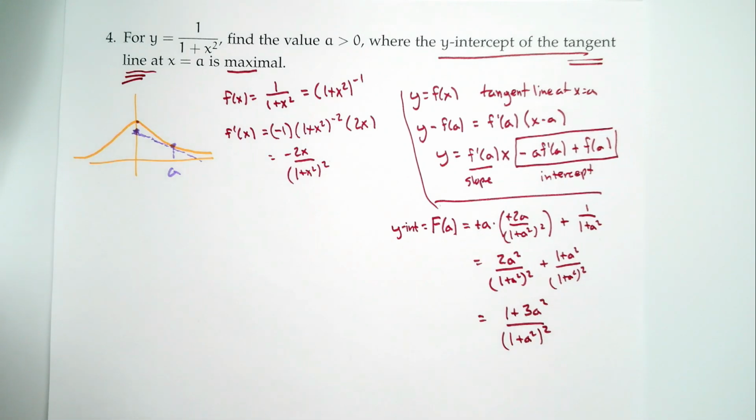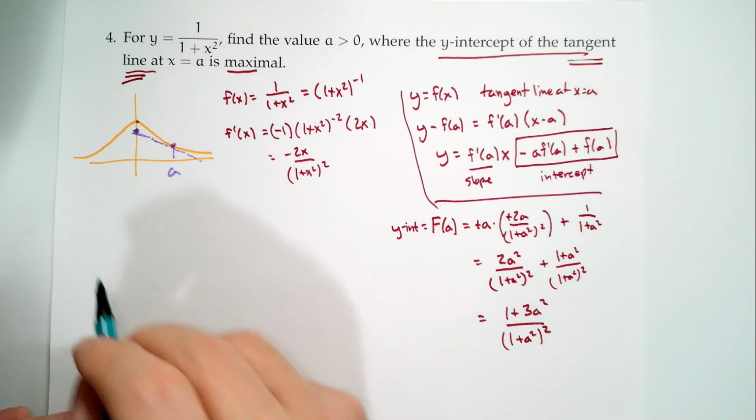Good. Now, that is what we're trying to optimize. Now, we're ready to start. Seems weird to say that because it feels like we already did a lot of work. But we know what we're after, right? So this is what we're trying to optimize. So, time for us to take our derivative.